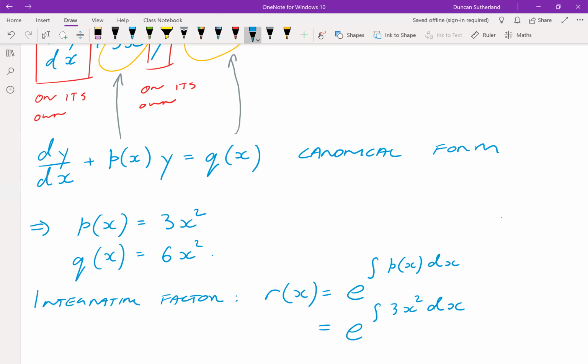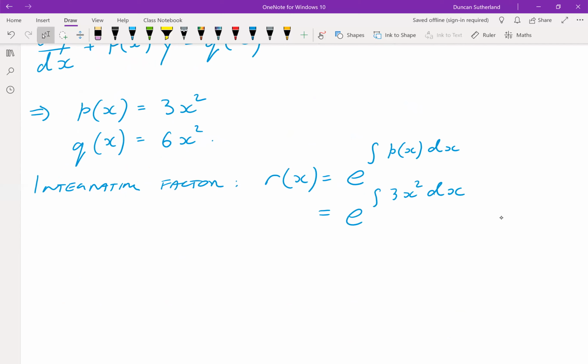Sorry, I got carried away. So 3x squared, we integrate 3x squared, we end up with 3x cubed over 3, which is just x cubed.